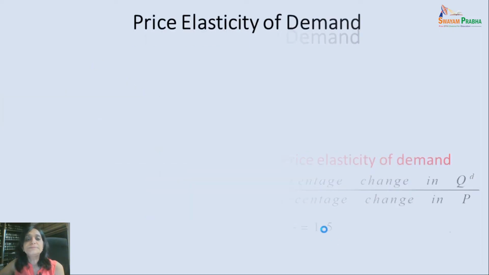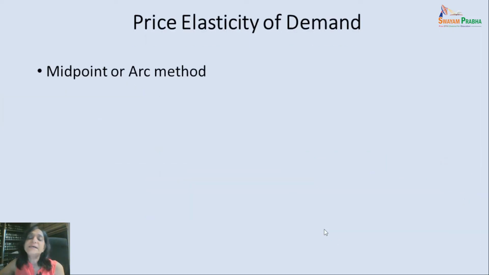Going further, in the price elasticity of demand, the next question is how do we measure this price elasticity of demand? The formula we have seen: if the price changes, let us say by 10% as we just saw, and we see a fall in demand by 15%, then 15% divided by 10% gave you 1.5.